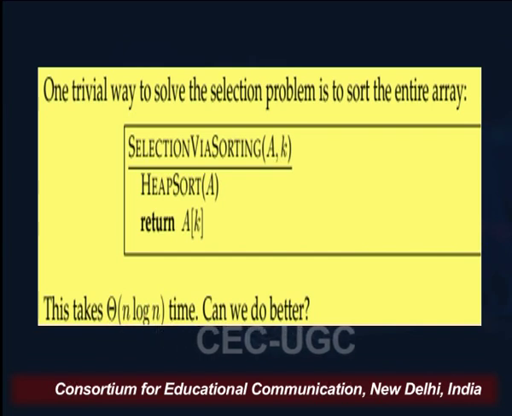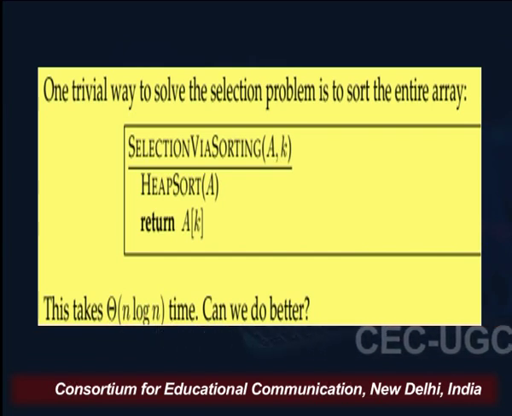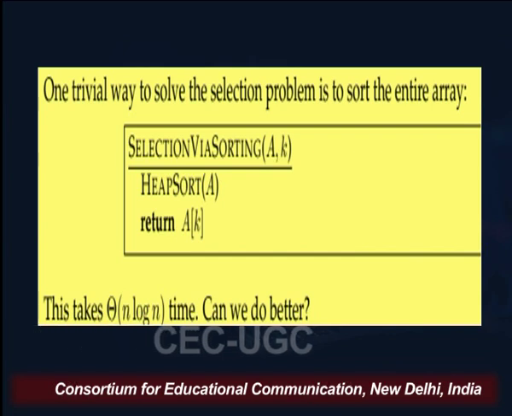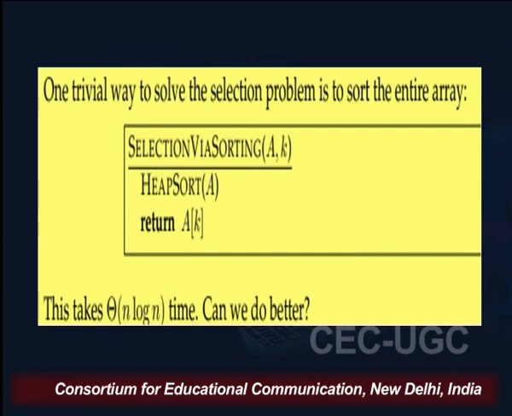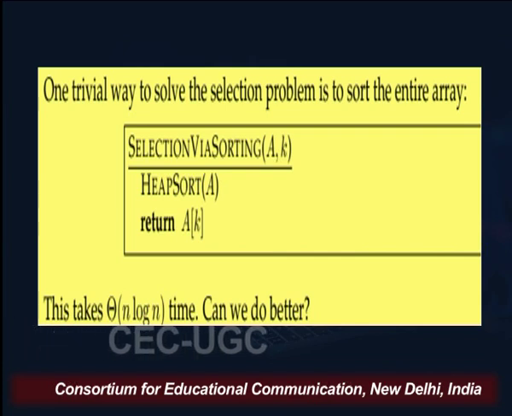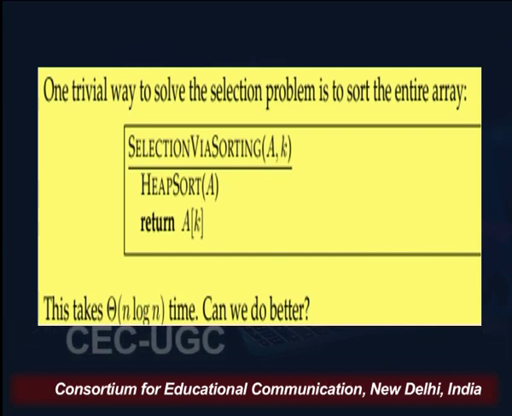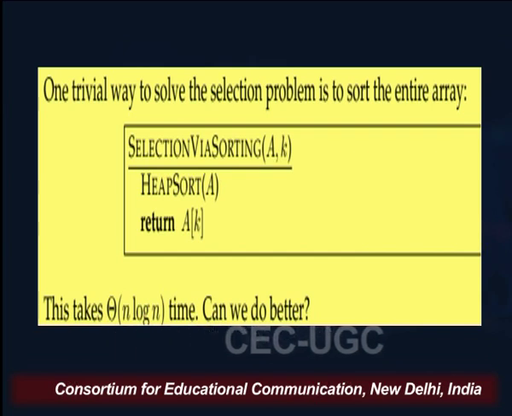So, yes. The output expected by the selection problem is one particular element. There is no need to sort the entire array if we can have an algorithm which performs in less time as compared to the sorting algorithm, because sorting is not the goal.